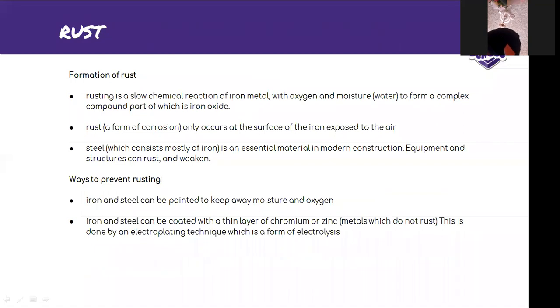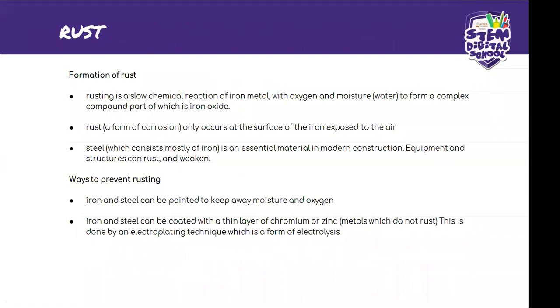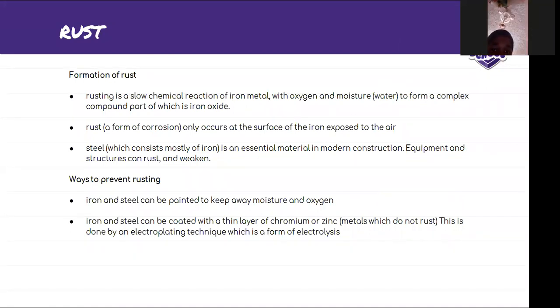Okay. Now, we have seen how we have a lot of metals, but we have just picked the basic ones, those that are in the syllabus for us to study. So we have learned how group 1 and group 2 metals react with oxygen.